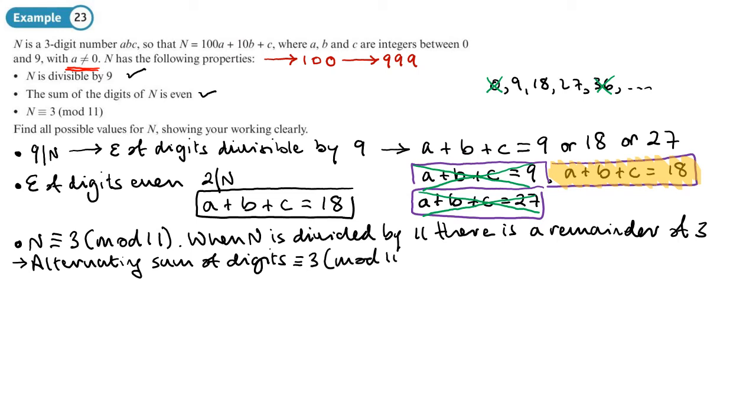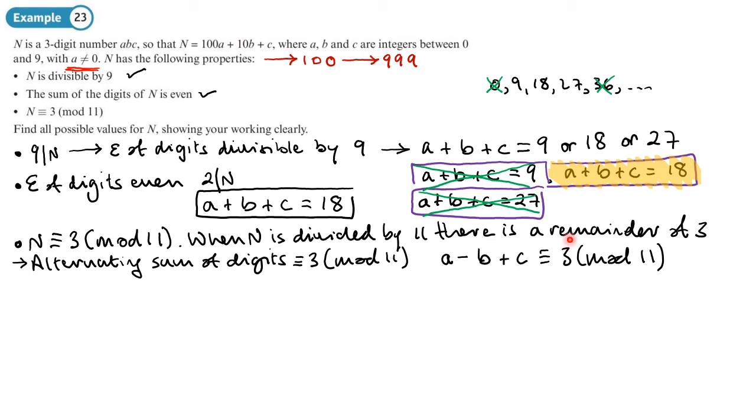That basically means when you divide by 11, there's a remainder of 3. So the alternating sum of the digits will be a minus b plus c is congruent to 3 under mod 11.